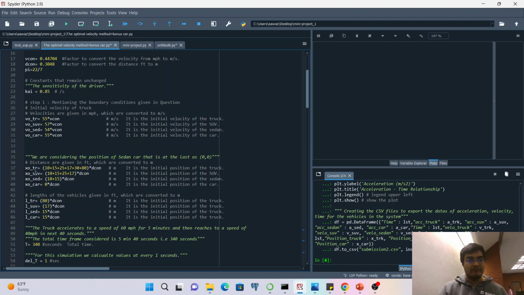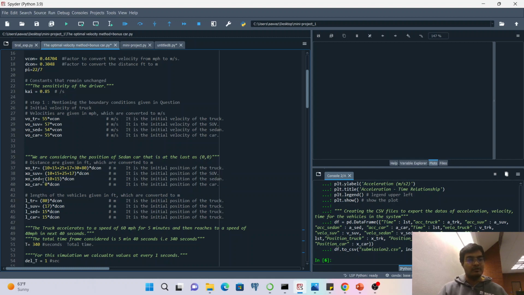So let's find the distance of each vehicle from the datum line. First, the distance of the truck from the datum line can be written as 10 plus 15 plus 25 plus 17 plus 30 plus 80. Here 10, 25 and 30 are the lengths of vehicles, and 15, 17 and 80 are the distances between two consecutive vehicles.